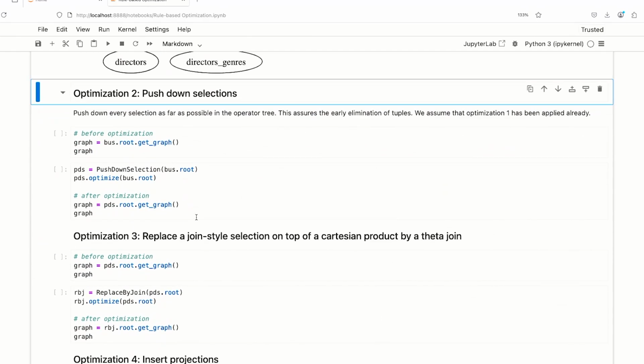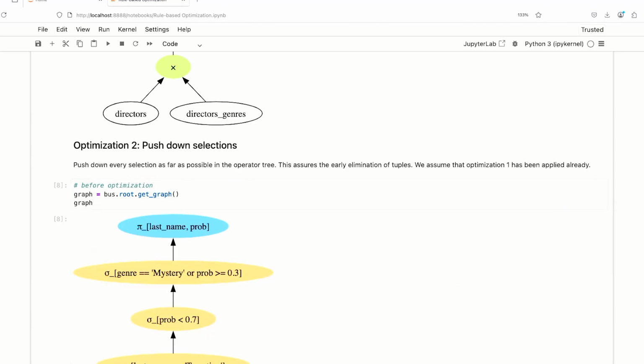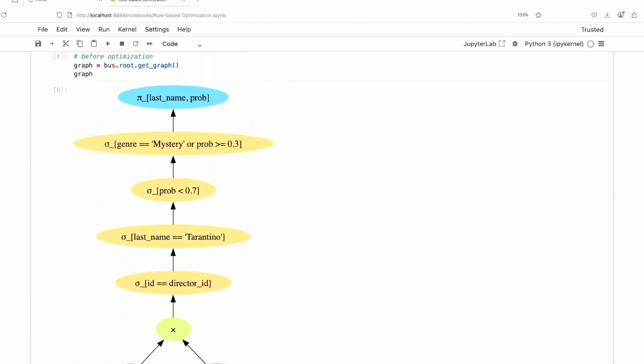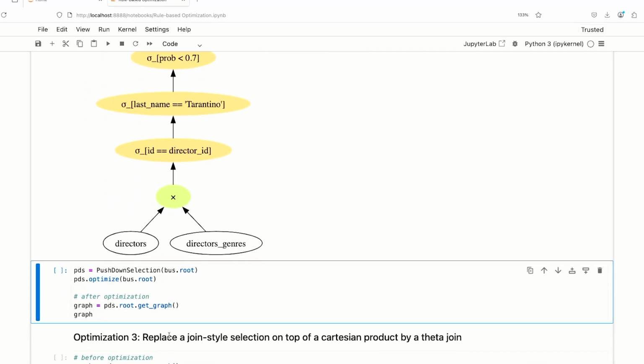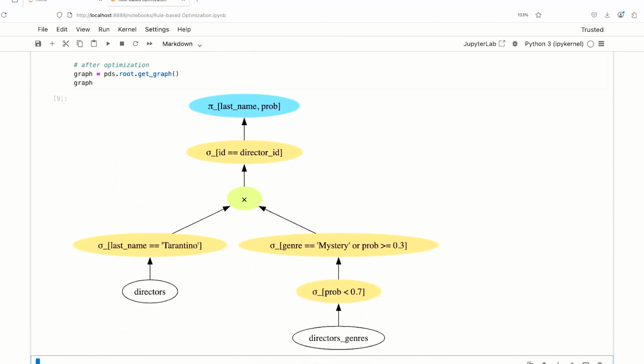Because now comes the mother of all rules, and that's called predicate pushdown. Again, here's our start situation. We split it up, and we have a couple of selections that are all sitting on top of this cross product. Now when I apply push down selection, I end up with a situation like this. See, the selection is not on top of the cross product anymore. This is not there anymore, this is here, this is there.